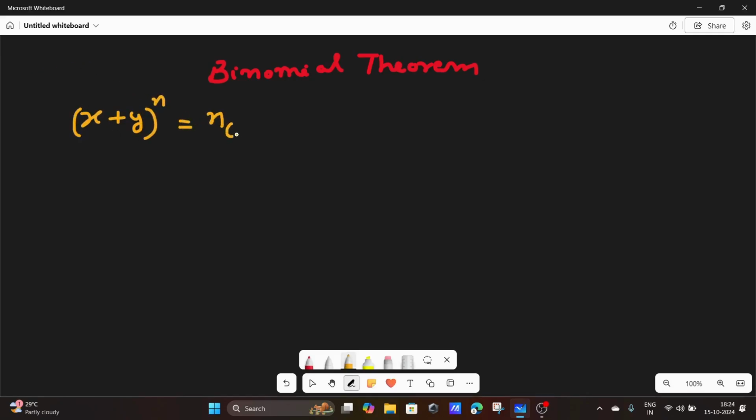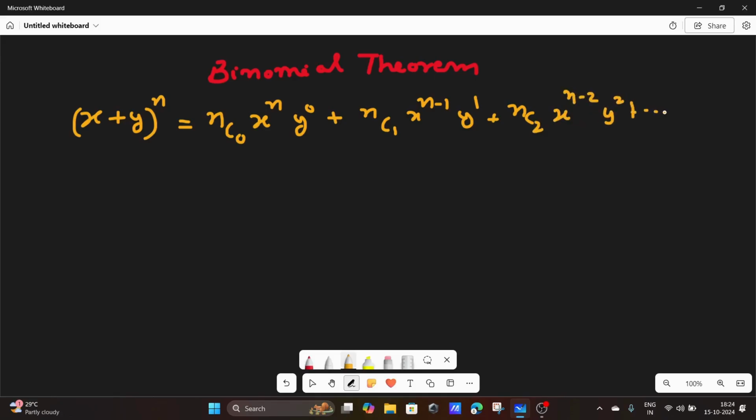Now you see the binomial theorem. All of you know the binomial theorem. (x + y)^n, where n is a positive integer, equals nC0 x^n y^0 + nC1 x^(n-1) y^1 + nC2 x^(n-2) y^2 and so on.